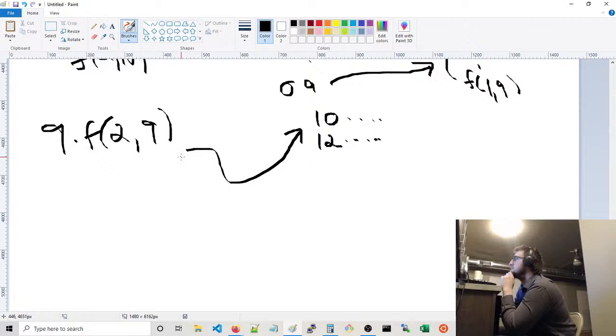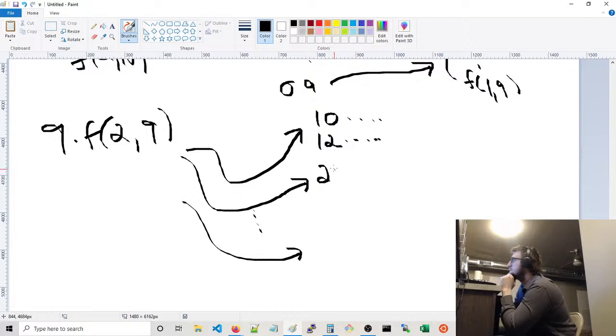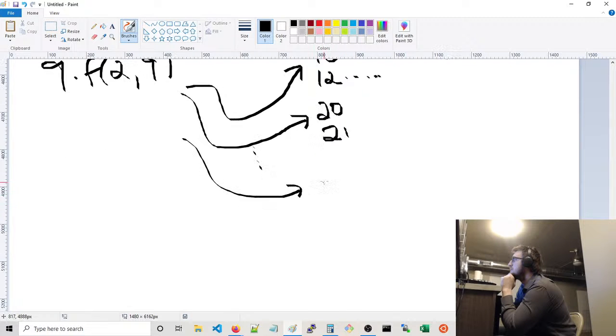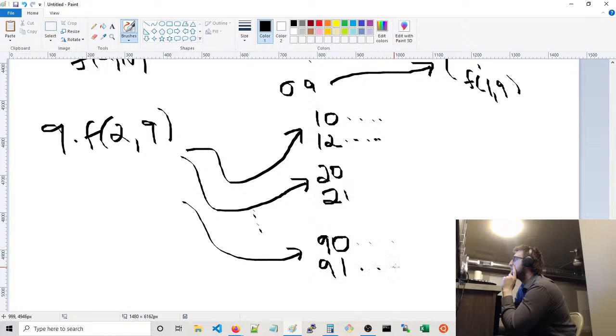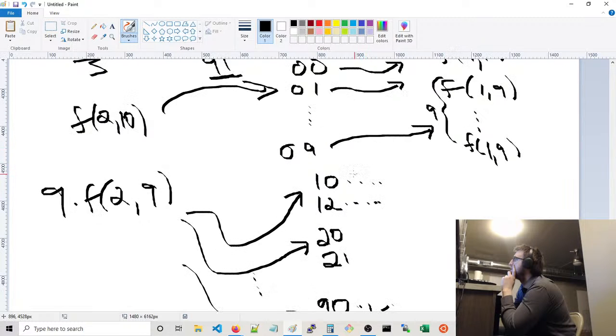And then similarly, there's a bunch of these. There's 9 of them. Go to 2 0 and 2 1, and then 9 0 and 9 1, and so on. Each of these possibilities will say there's yet another digit that we're removing.